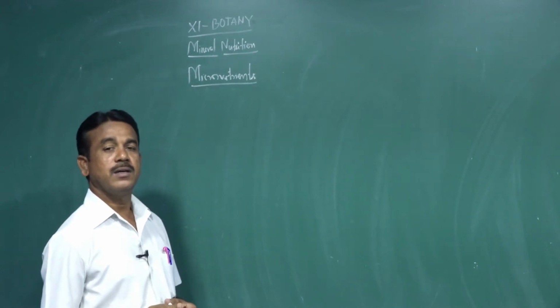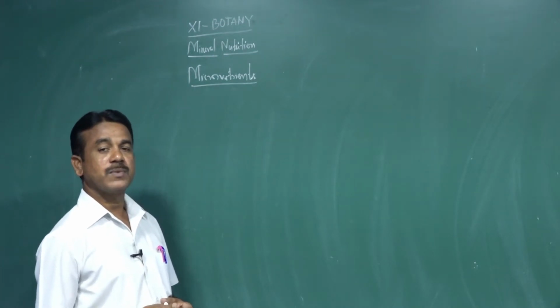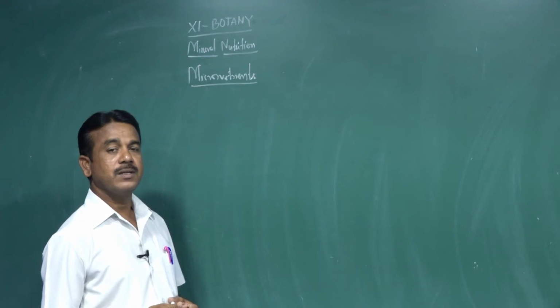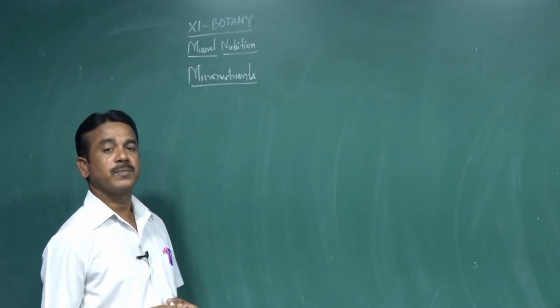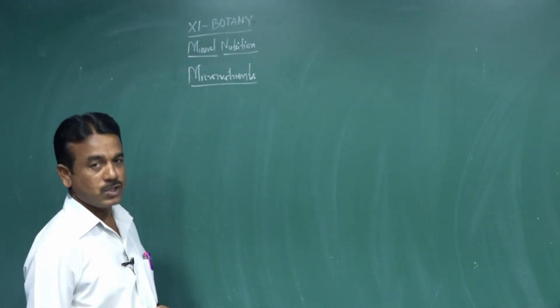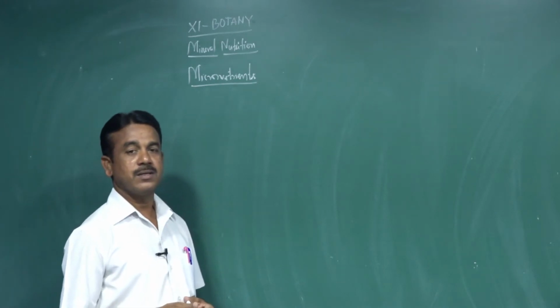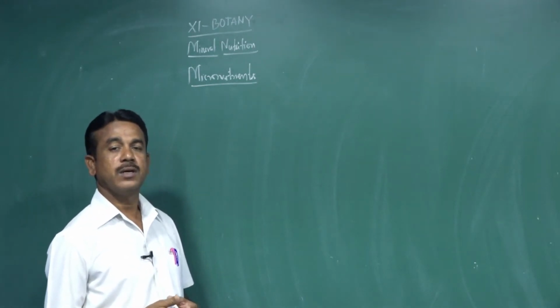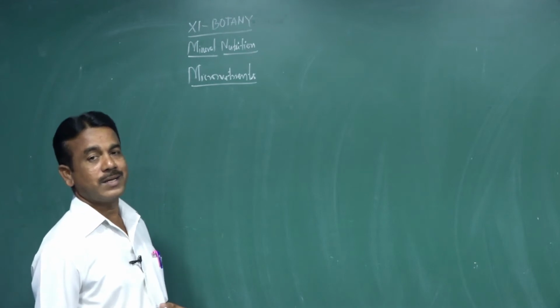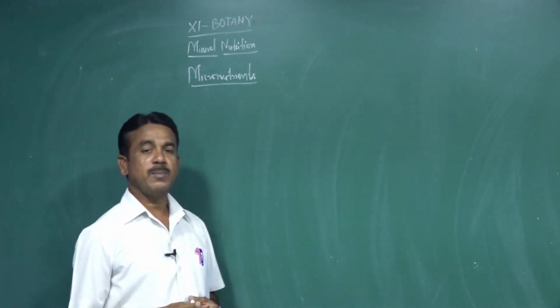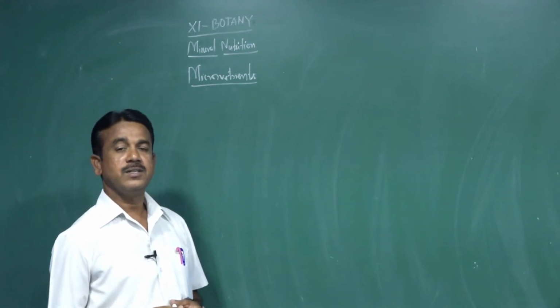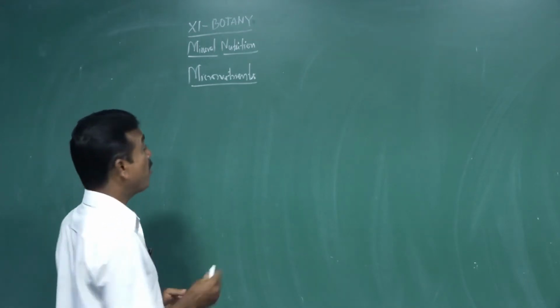So micronutrients are essential for plants, but they are required only in trace amounts. Why? Even though the amount needed is trace, it is very essential for metabolism in plants.